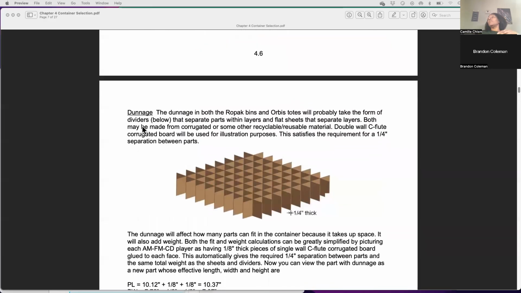You started touching on this already, Brandon. A lot of the dunnage you're going to see will be dividers. Sometimes you will see things like foam, or you will see cloth that holds and separates the parts, and it's a smooth material.